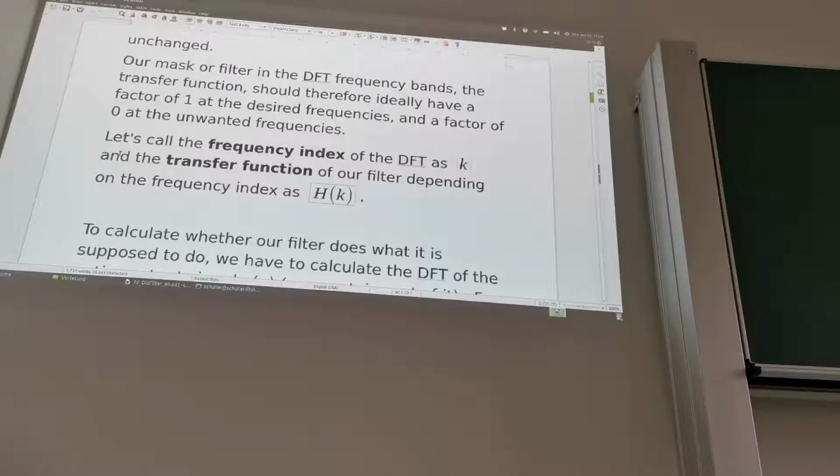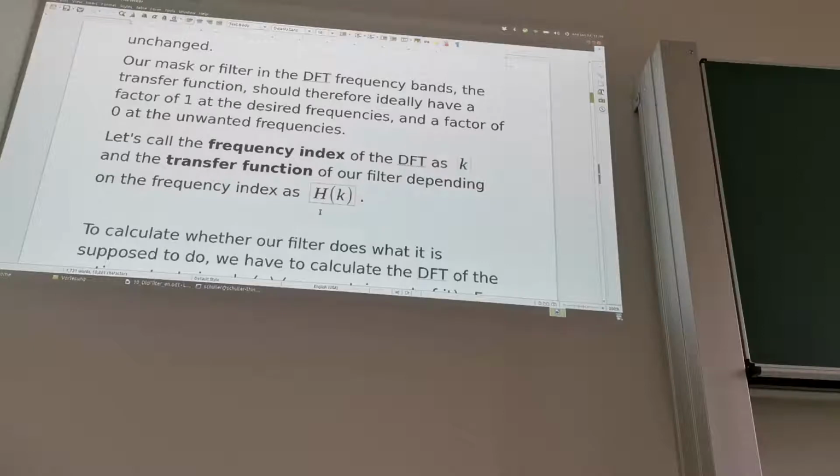So let's call our frequency index in the DFT domain k, as before, and our transfer function of our filter depending on the frequency index h of k. So k is now the argument of this transfer function. So basically for each frequency bin in the DFT, we get a factor h. For low k, this h should be, for instance, 1, and at high k it should be 0.